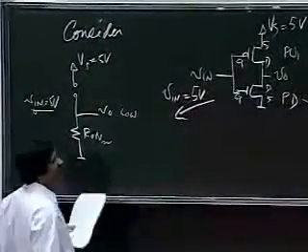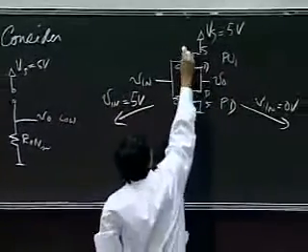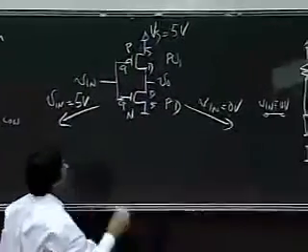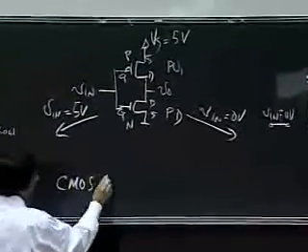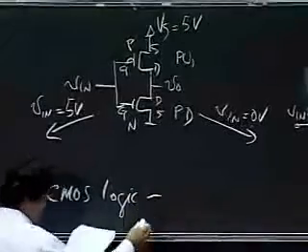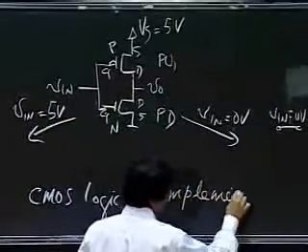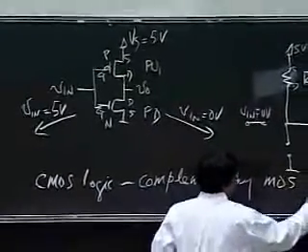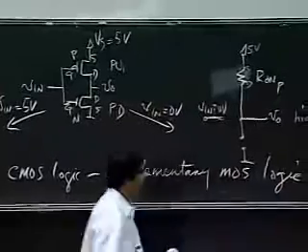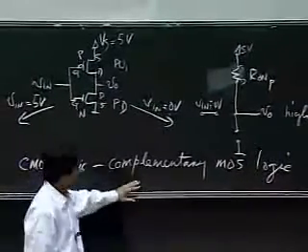So this type of logic involving a PMOS transistor here and an N-channel transistor here is called CMOS logic. It's called complementary MOS logic.